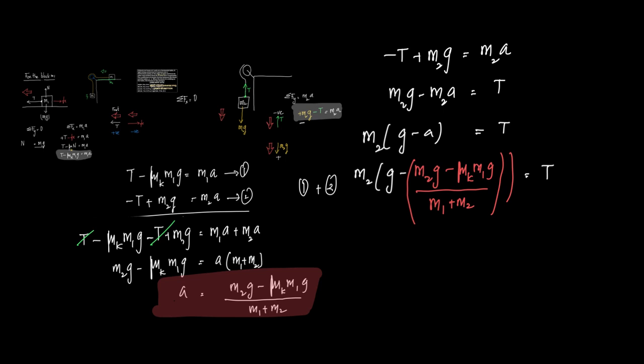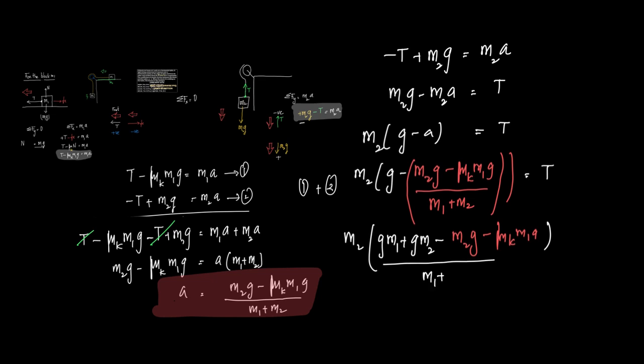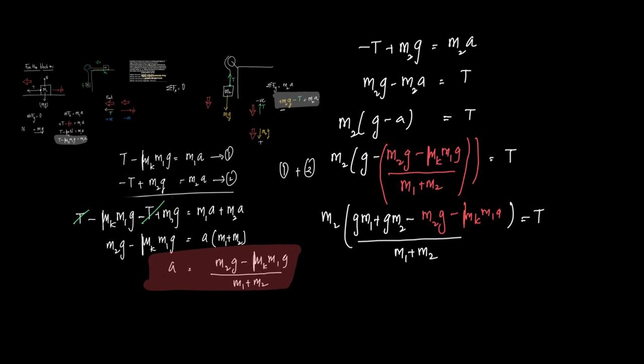Now, what we'll do is we'll keep m2 here. We'll multiply this. So what we get is g m1 plus g m2 minus m2g minus mu k m1g, the whole upon m1 plus m2 is equal to T, right? So if you can observe here, g m2 minus g m2 is 0.